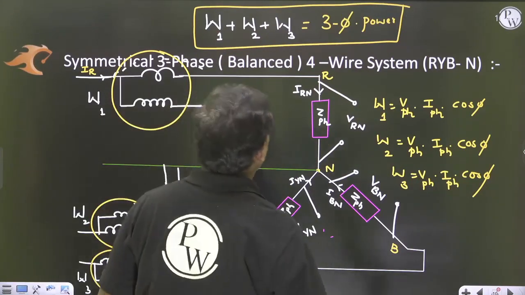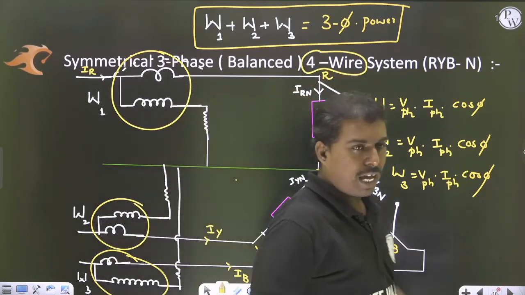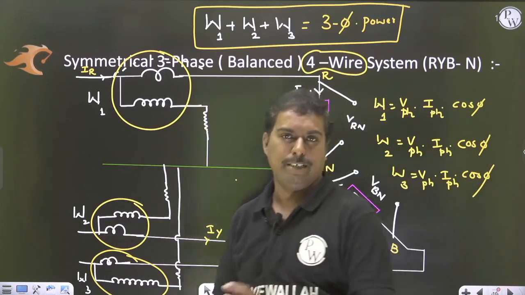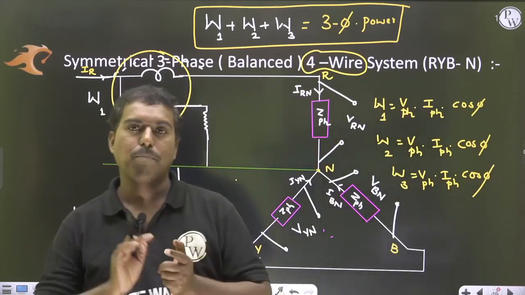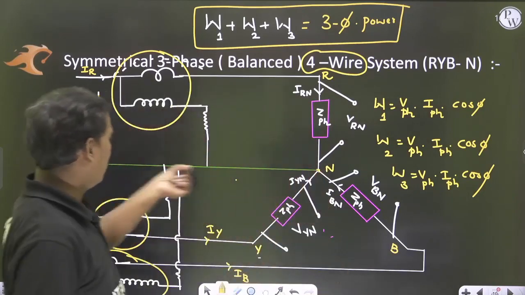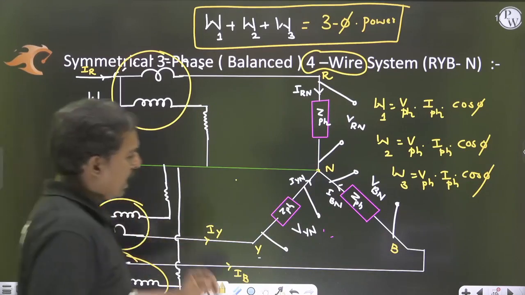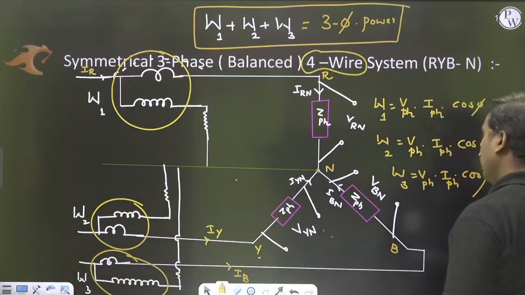This is a 4-wire system. Remember my dear, 4-wire system means we have R, Y, B and N. Along with the 3 lines R, Y, B, there is one more line, that is a neutral line. You understand?